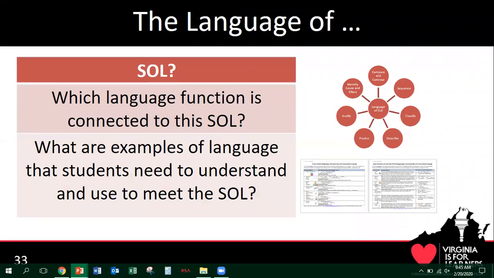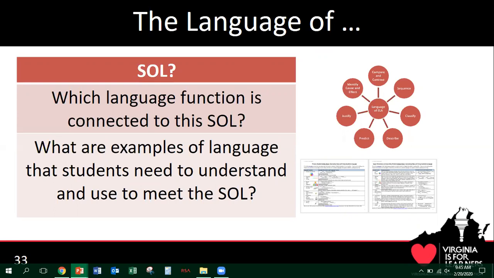So as you were reflecting on your own standards, what you're teaching, think about what is that language function connected to the SOL? And then what does the language sound like connected to that function? So there are the scholar sheets that you would be able to use as a support, but also even going online.